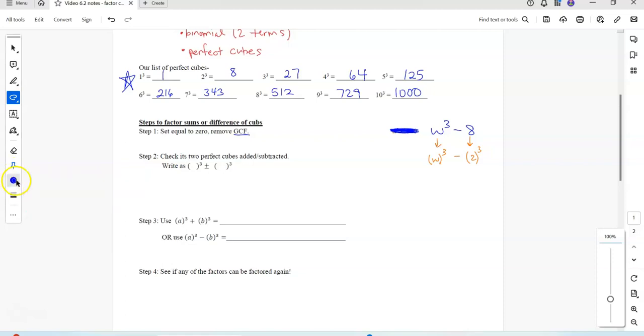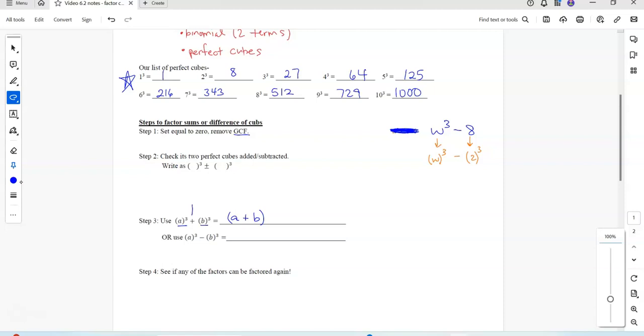All right, so now for the patterns, here's how we're going to do this. So if you have something cubed plus something cubed, the first factor will always be the A plus the B. Okay, so you identify your A and your B that are being cubed, and that'll be your first factor.